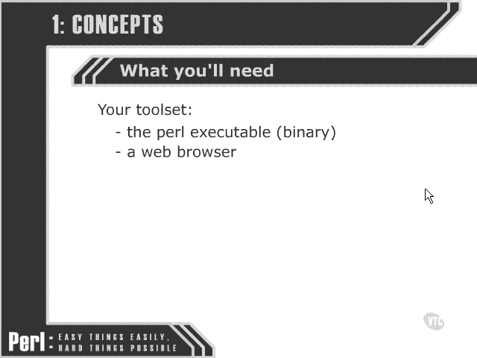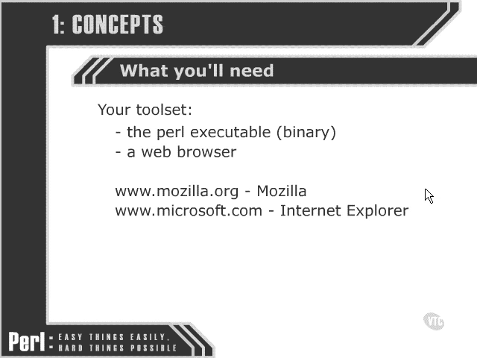You most likely have one of these already, and it really doesn't matter which web browser you use. Some options in this regard are Mozilla, which is an open source browser, Microsoft's Internet Explorer, again available for free, although not open source.